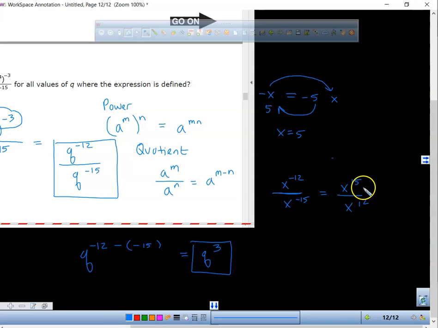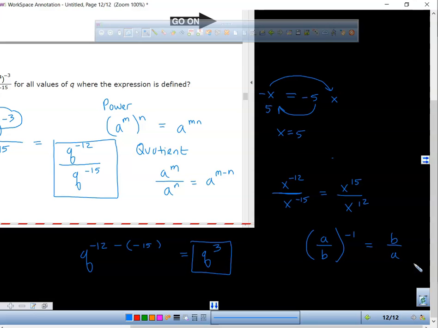All right? Now, what's 15 minus 12? Without having to do a whole bunch of complicated math, this rule will always be the case. So what's the rule? Check this out. If I have a over b to the power of -1, that's the same thing as saying b over a.